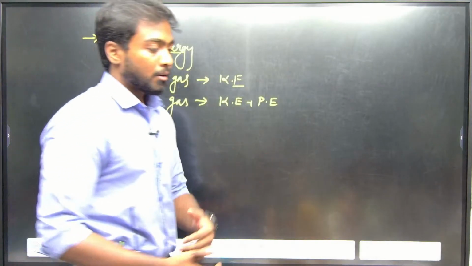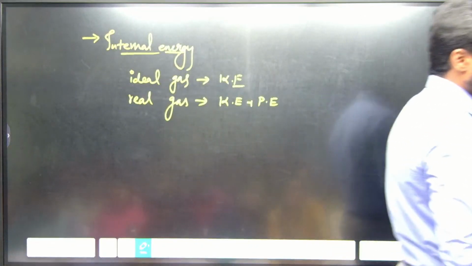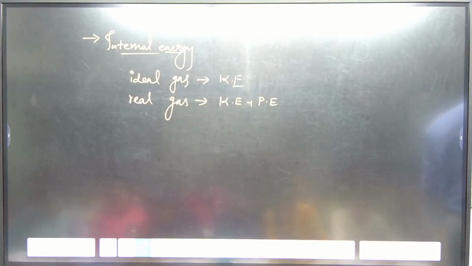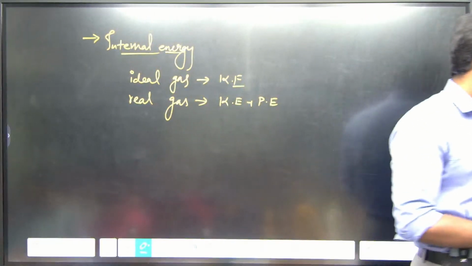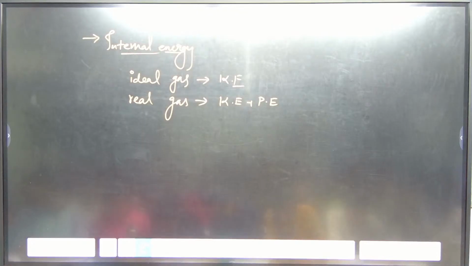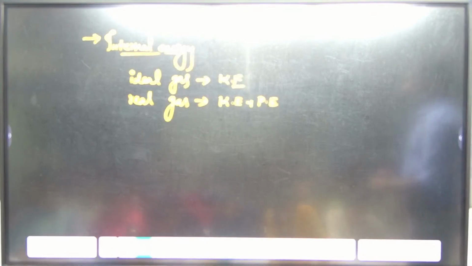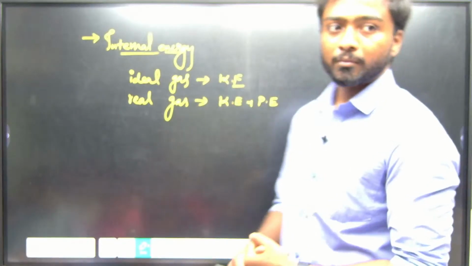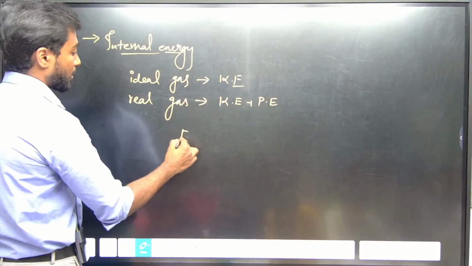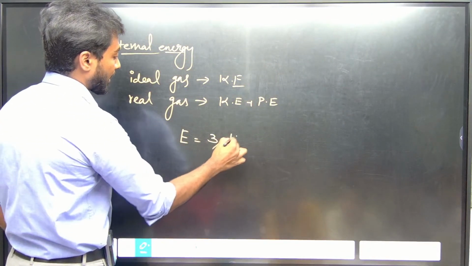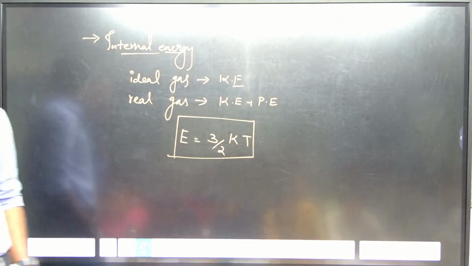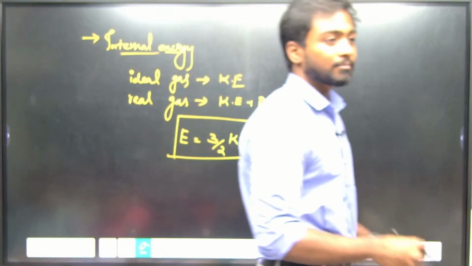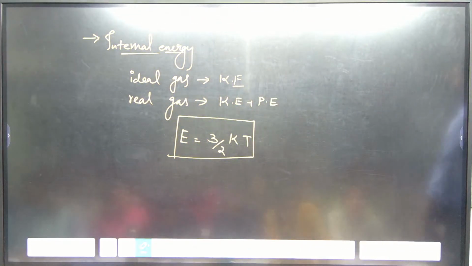Now, the points under the internal energy. The first point is delta U always depends upon the temperature. So under that, E is equal to 3 by 2 K T. Have you seen this equation in chemistry?